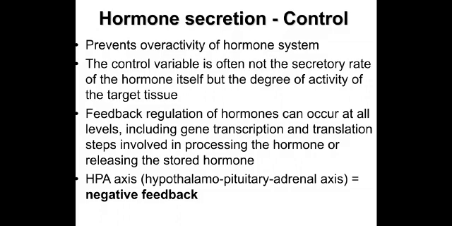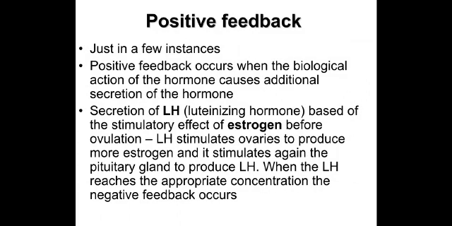The feedback regulation of hormones can occur at all levels, including gene transcription and translation, and the steps involved in processing the hormone and releasing the stored hormone. There is the HPA axis, which is the hypothalamo-pituitary adrenal axis, which causes the negative feedback. So most of the actions are by negative feedback mechanism.